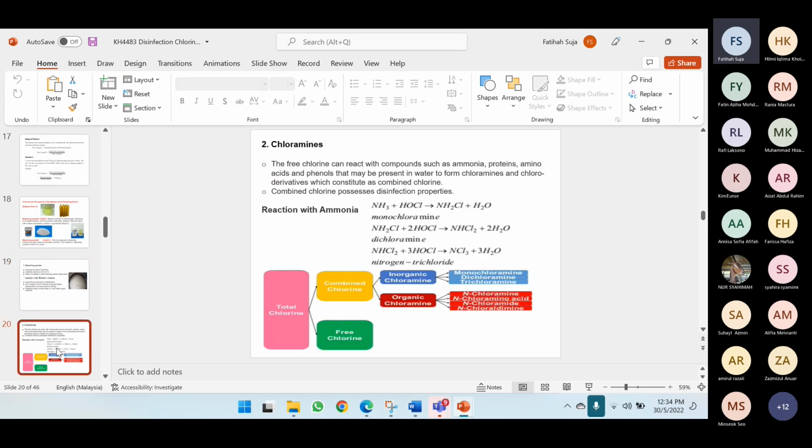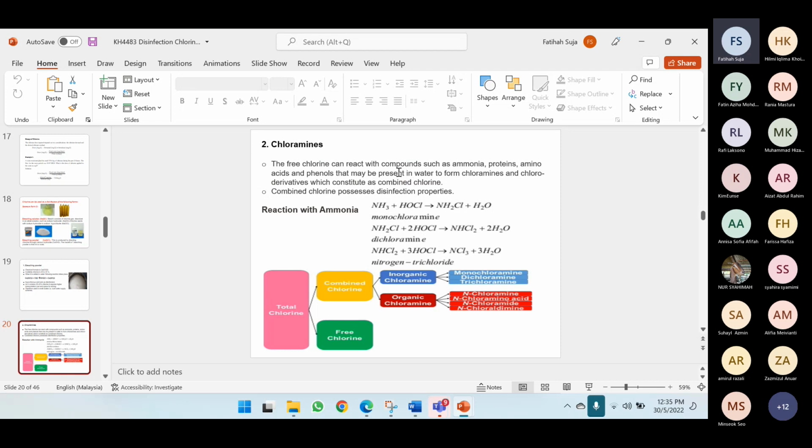And like chloramines, you can also have chloramines. The free chlorine can react with compounds such as ammonia, proteins, amino acids, and phenols that may be present in water to form chloramines and chloroderivatives, which constitute combined chlorine.